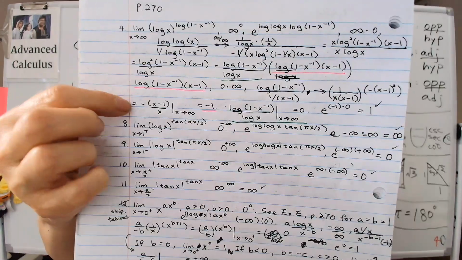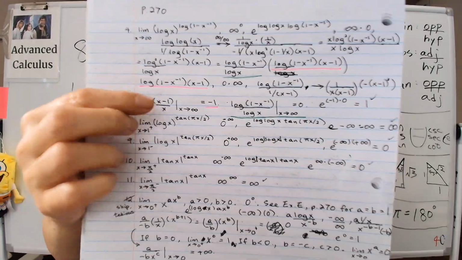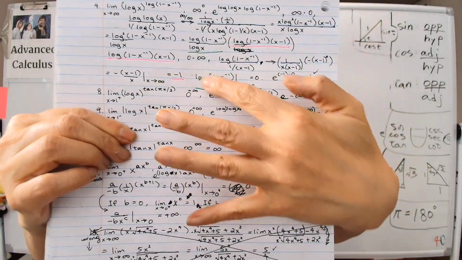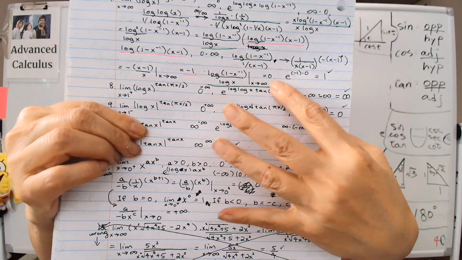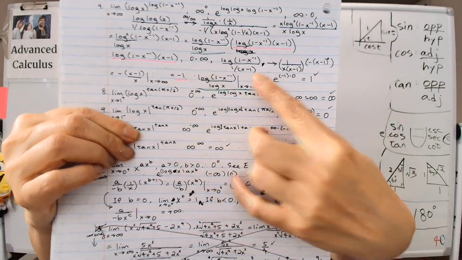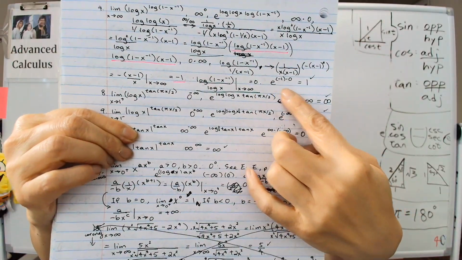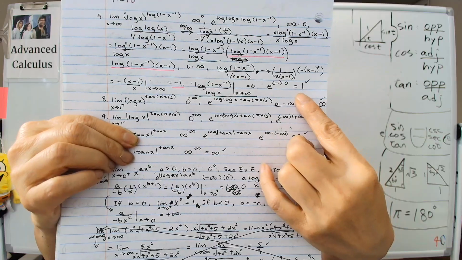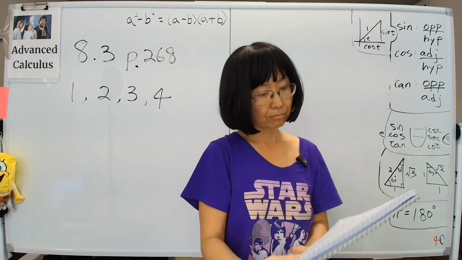This stuff can come out pretty good. And then the green part becomes equal to 0. So eventually the answer, you put the e back, is e to the power of minus 1 times 0, which is just positive 1, which is the answer at the back of the book as well.